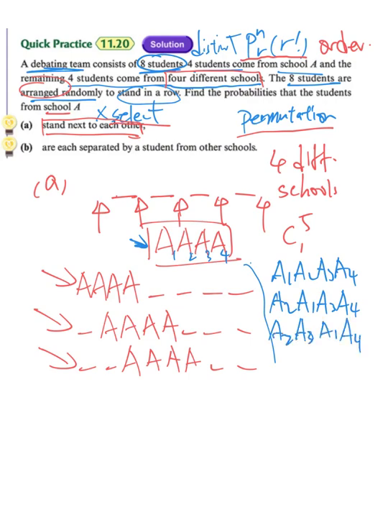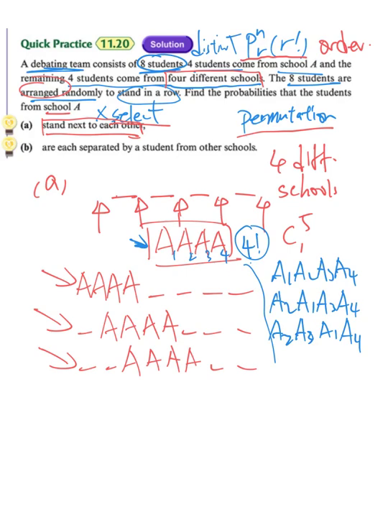Then you need to revise the concept from chapter 10: these 4 distinct objects arranged at random give 4 factorial choices.